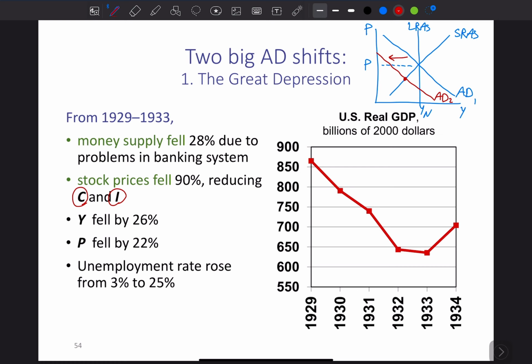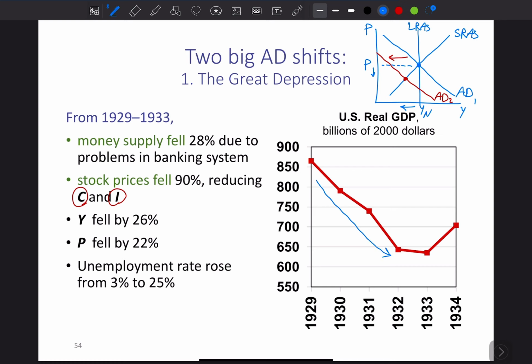Looking at this new equilibrium point and comparing it with the initial equilibrium point, you see that the output goes down and the prices go down, okay? And that is exactly what we see in the real world.